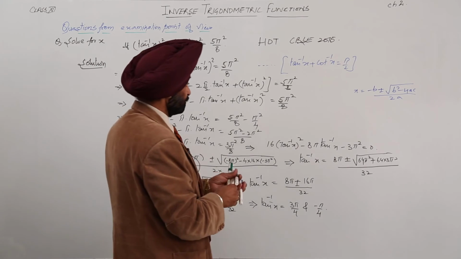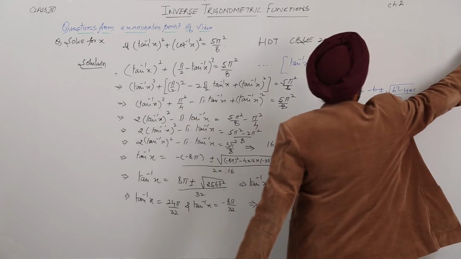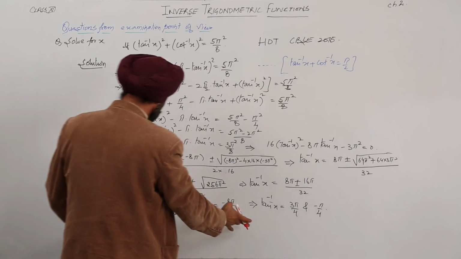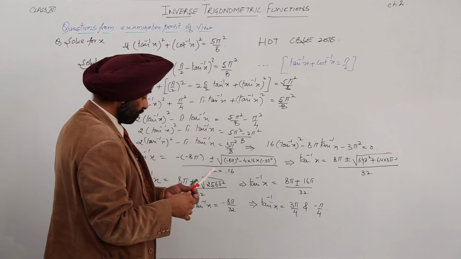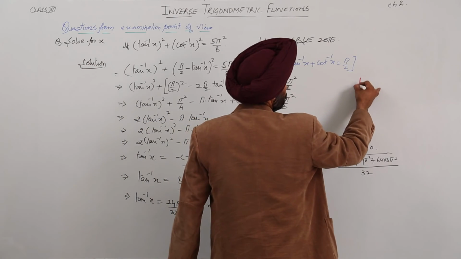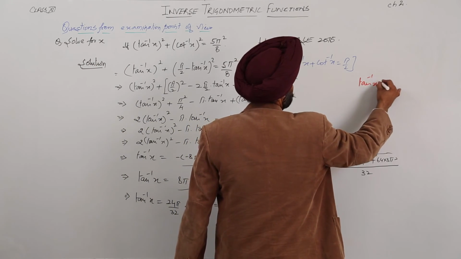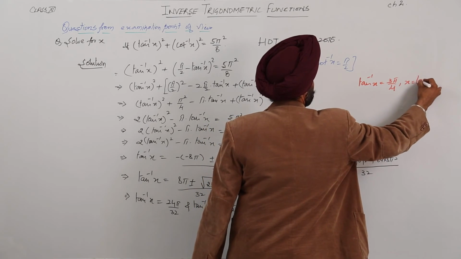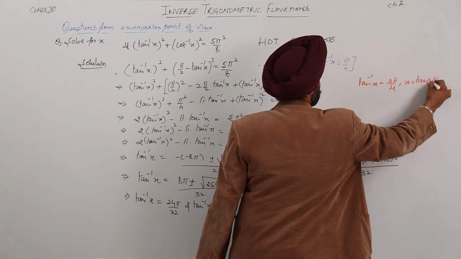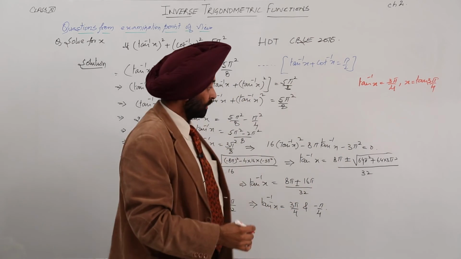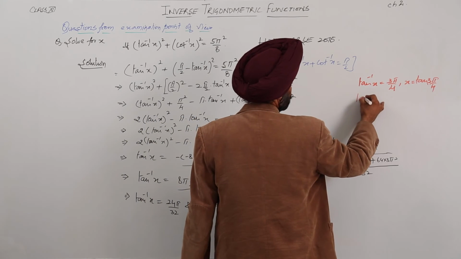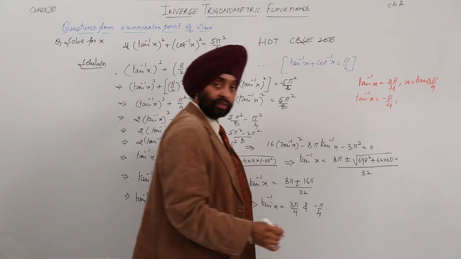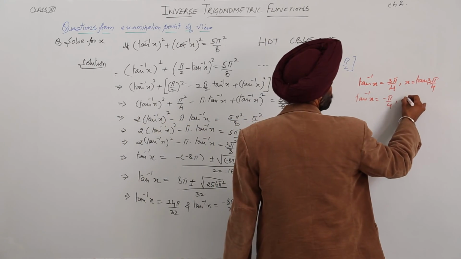Now let's write it. Now I am using this space. After this part we are having tan inverse x is equal to 3 pi by 4, so x is equal to tan 3 pi by 4. One thing, and second, tan inverse x is equal to minus pi by 4.